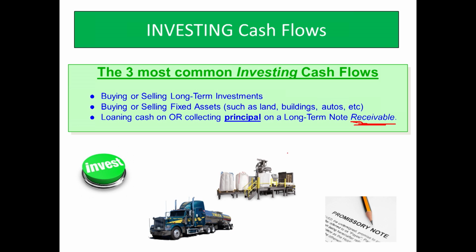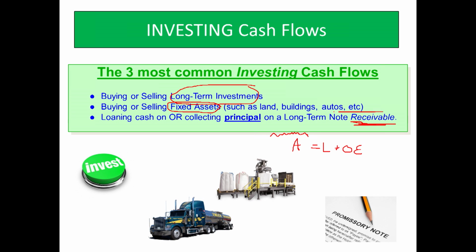Okay? Now, if you look at the accounting equation, which is assets equals liabilities plus owner's equity. Remember that? All of these items have to do with long-term items on the left side of the accounting equation, right? Long-term investments are long-term assets. Fixed assets are long-term assets.